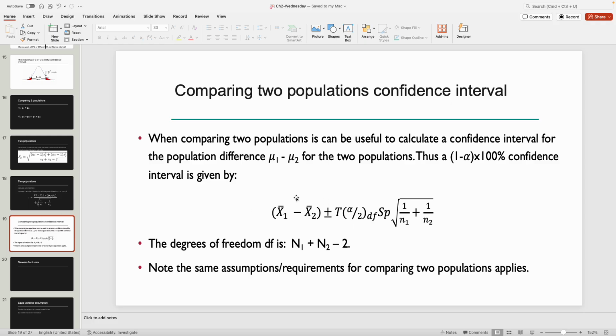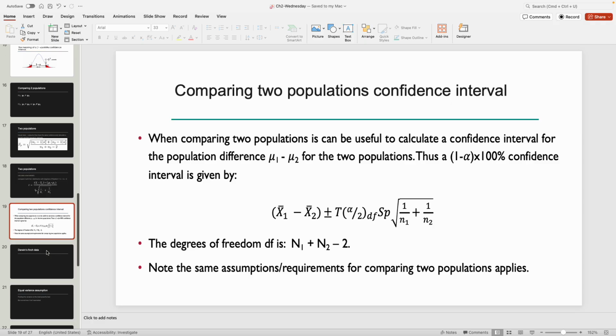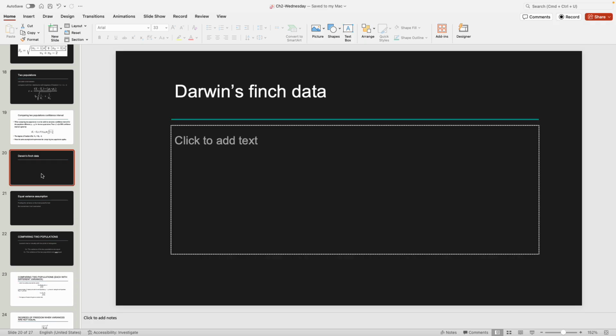That's given by this formula: the difference in the two sample means plus or minus a margin of error, and it has these degrees of freedom. Notice that there are some assumptions or requirements for this test, just like there was with the difference data.